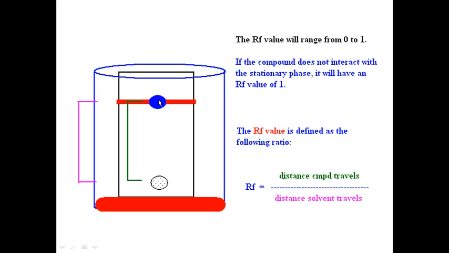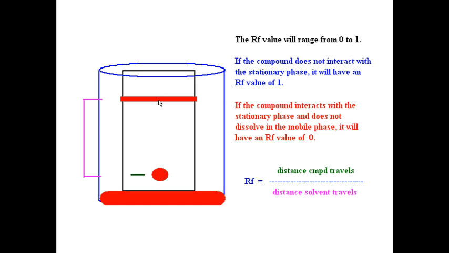If the spot spent no time on the stationary phase and was totally dissolved in the mobile phase the entire time, you're going to get an RF value of 1. If it stuck to the plate, never dissolved, then you're going to get an RF value of 0.